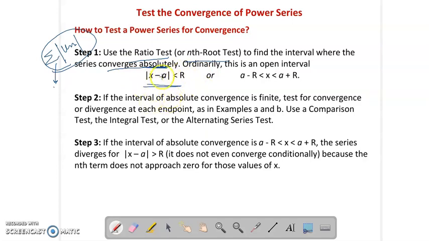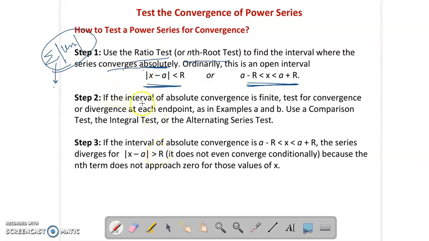You must have seen all the examples which we have done so far. You are getting this kind of interval, right? Or you are getting some point only. In the last example we said at x is equal to 0 the series converges, otherwise not. So in general you will have an open interval, this one, where the series converges absolutely, right? This is the first step.